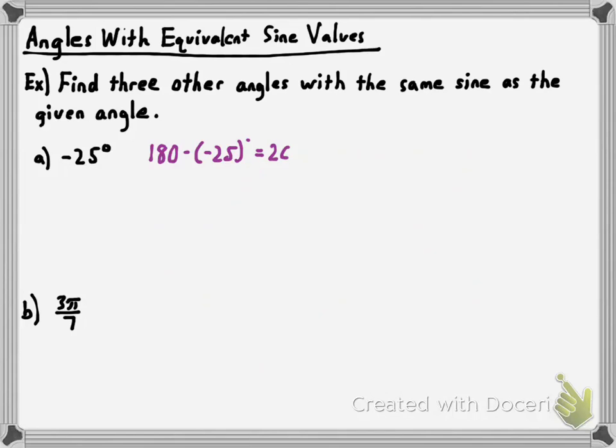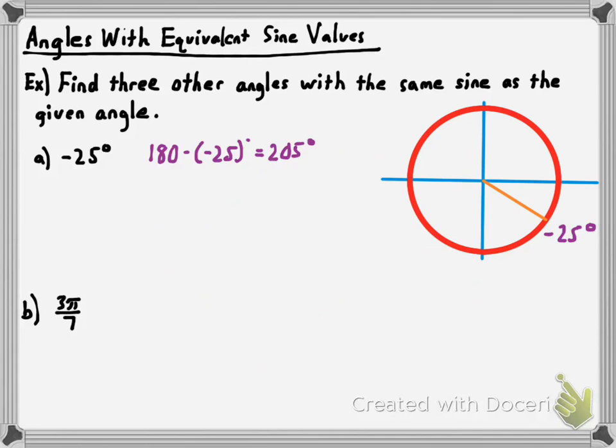And that's equal to 205 degrees. Now let me just reinforce that with a picture. There's where negative 25 degrees is. And here's 180 plus 25. There's 205 degrees. They have the same y-coordinate, don't they? So just subtracting the angle from 180 gave you another angle that had the same sine value.